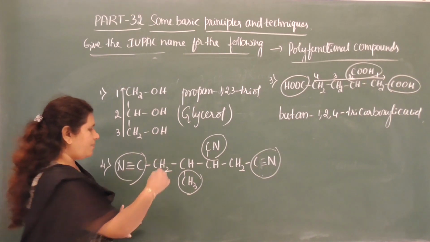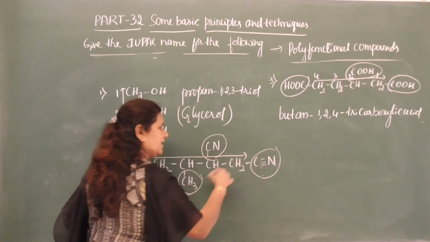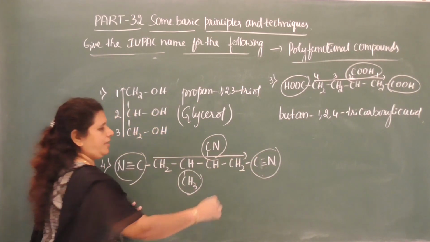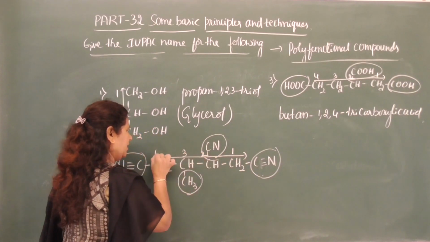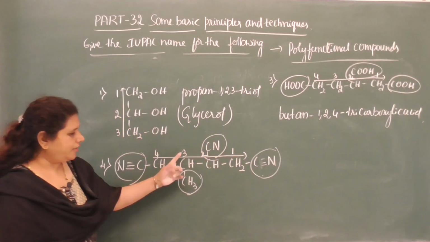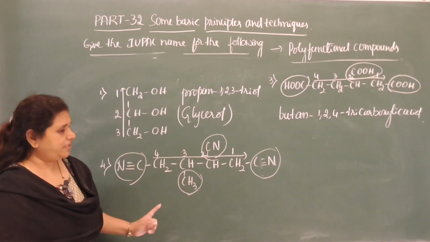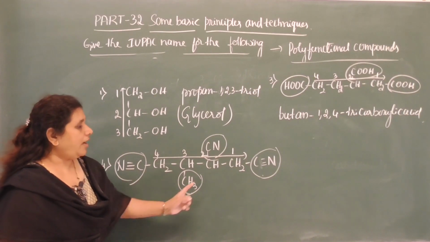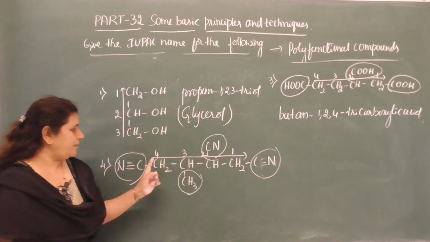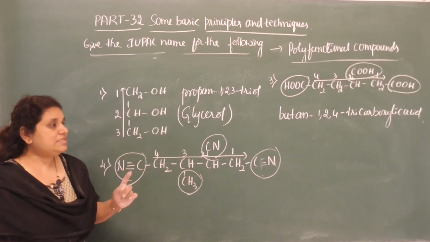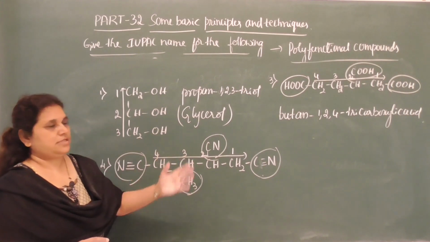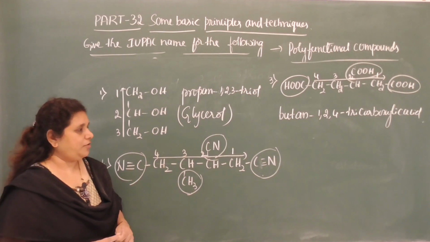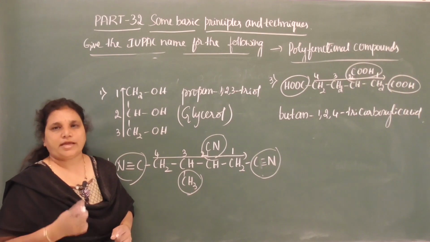Now you select the carbon chain. This is the selected carbon chain and give the number from this end. 1, 2, 3, 4. On the third carbon atom we have a methyl group, that becomes the prefix. And on the first, second and fourth carbon we have a CN group, that is the cyanide group. The special suffix for the cyanide group is carbonitrile.